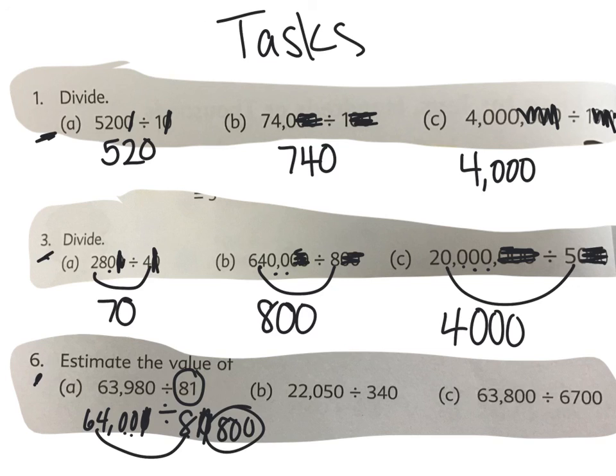So for B, this is about 300. 3 times 7 is 21, so let's round that to 21,000. Cross off my zeros. 3 goes into 21 7 times with 1 zero left over. And last but not least, if you look at this, 6,700 and 63,000, they're both about 64.